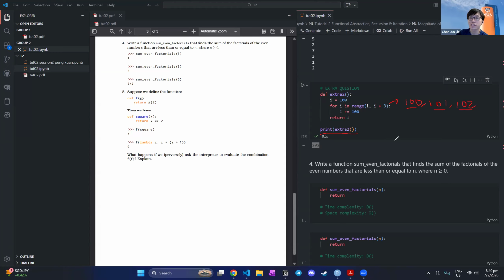So first off, we start off at I equals 100. So this line is run, so we start the for loop. During the first iteration, because this is the looping variable, I will be overridden to become 100. So I is overridden to become 100 again. Then I will be updated plus equals 100.